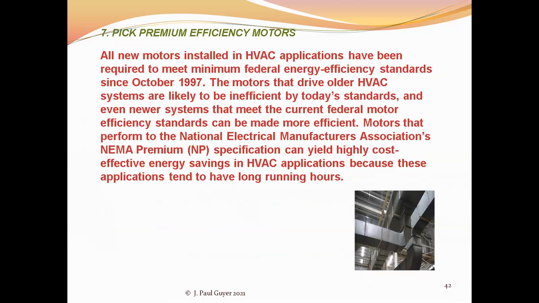But there are sensors and controls on the market that can allow the quantity of ventilation air to be reduced in periods when, as an example, at night there aren't that many people in the building. You can reduce the quantity of ventilation air that you bring in, so you can achieve some energy efficiency improvements there.